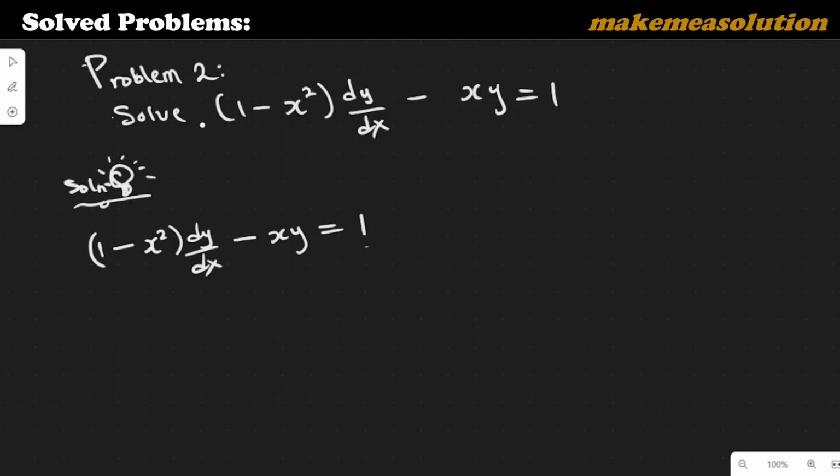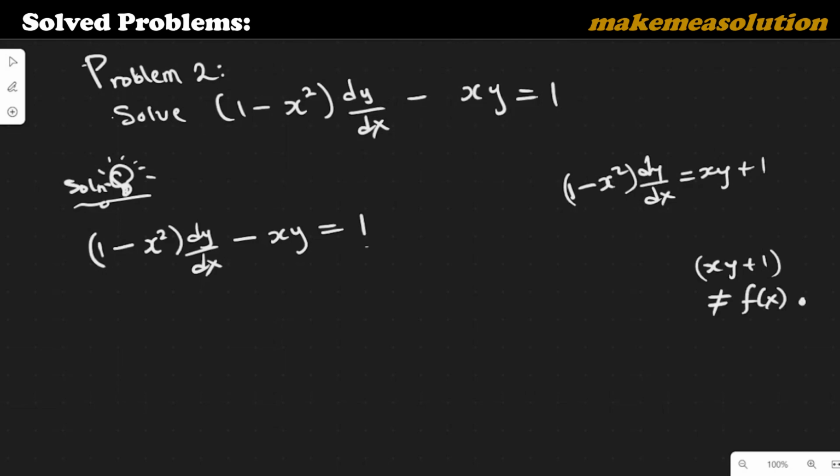If you wanted to separate it, you'd get something like this: dy dx is equal to xy plus 1, and this xy plus 1 is not a function of x alone or a function of y alone. It's rather a function of x comma y. So it's actually a mixture of x and y.